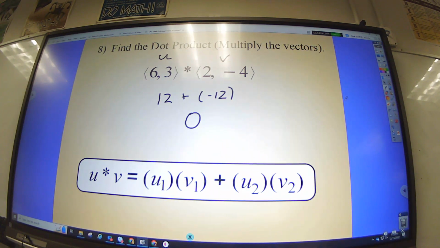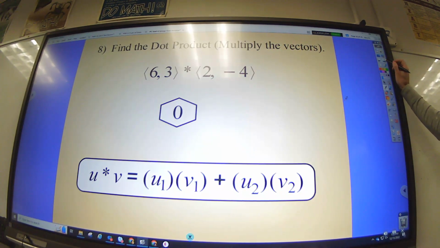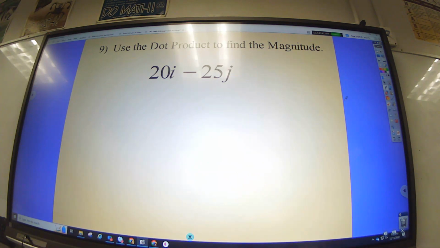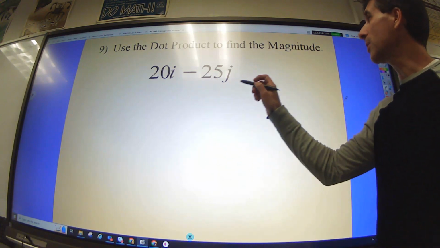So that's my magnitude of v. I also have to get my magnitude of u, which is the square root of negative 1 squared plus 0 squared, which is the square root of 1, which is 1. That's the magnitude of u.